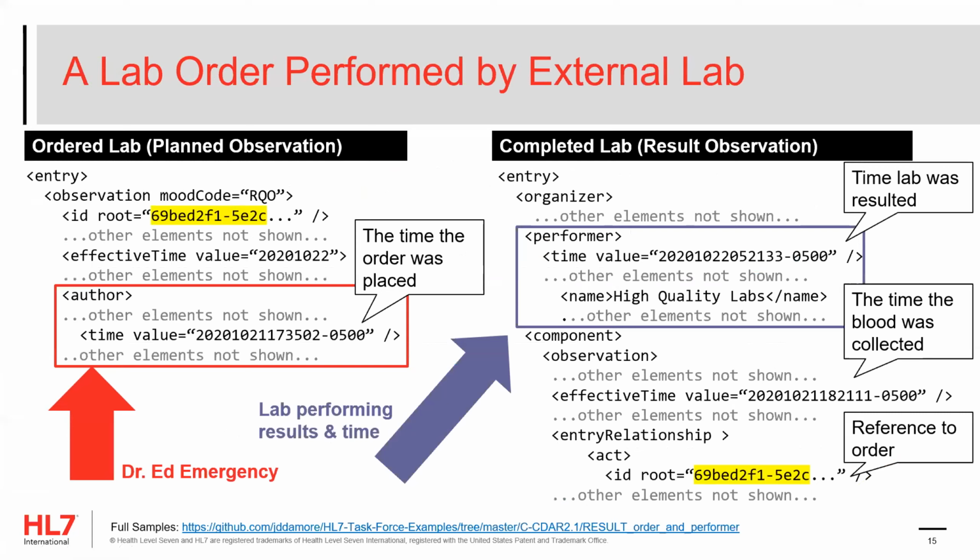I guess my question is, and this is something that's always bugged me, we're sending our lab orders out on a V2 interface with an order ID, and then we go and create the CDA, and we have to generate an ID root for that lab order.